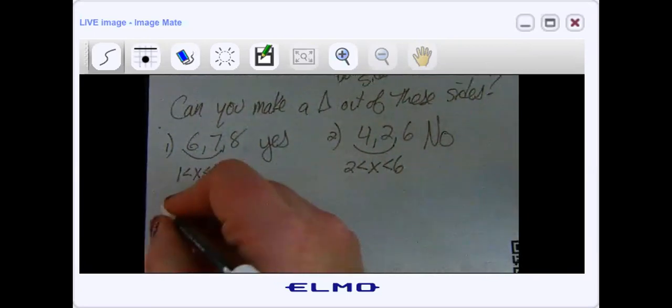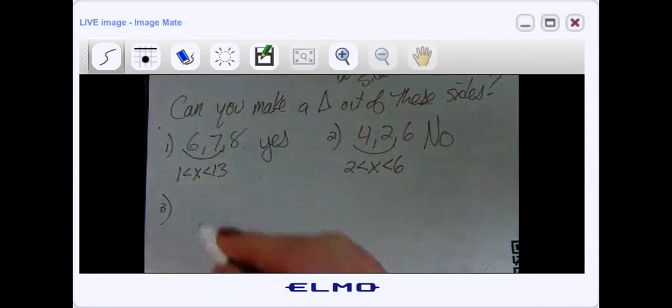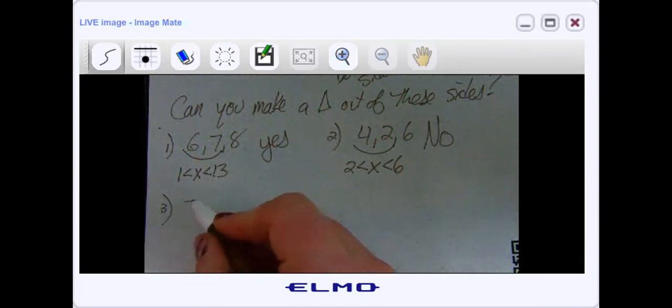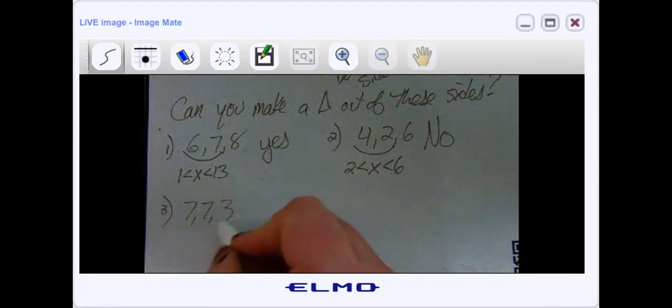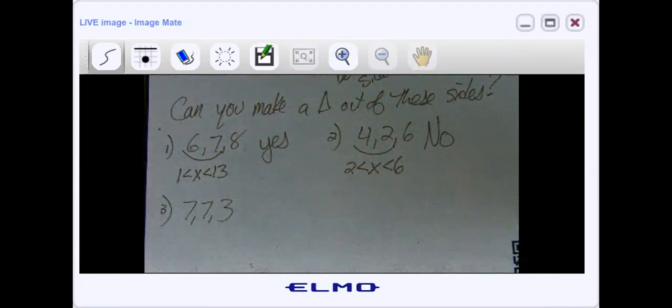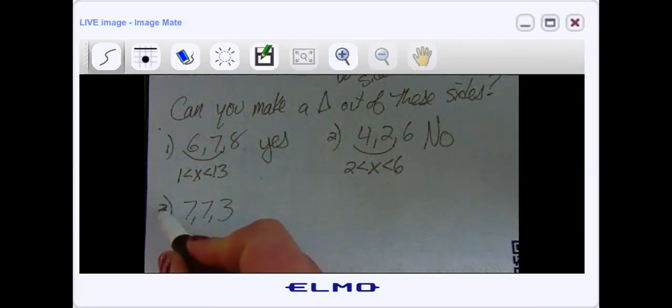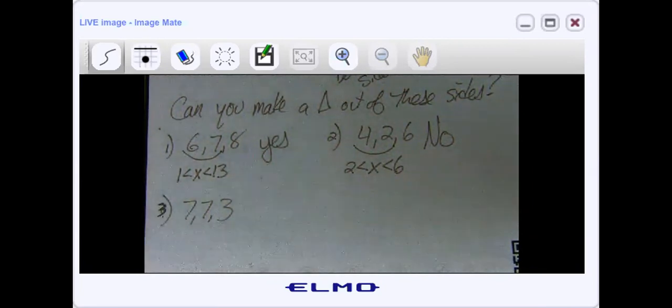All right, let's try another one. What if I had 7, 7, and 3? Could you do that? I'm going to call on you at random, so make sure that you are ready. 7, 7, and 3.